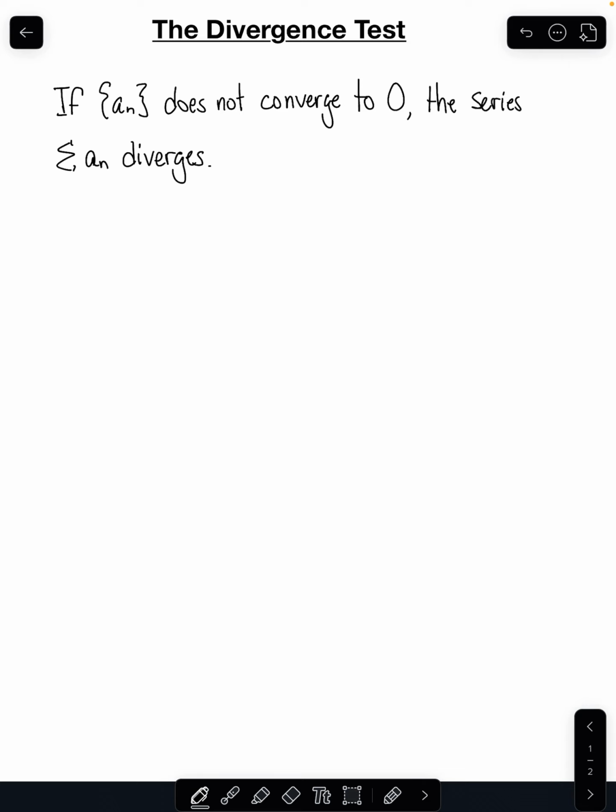The proof of the divergence test is fairly simple, and it involves something called the contrapositive. The contrapositive of an if-then statement takes the conclusion, the then part of the statement, and words it in the complement.